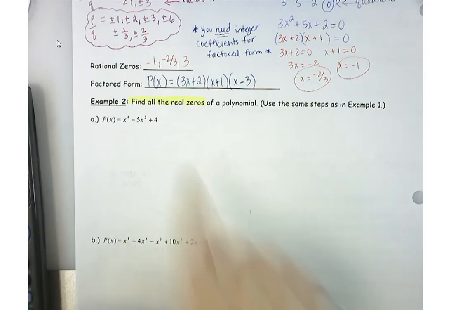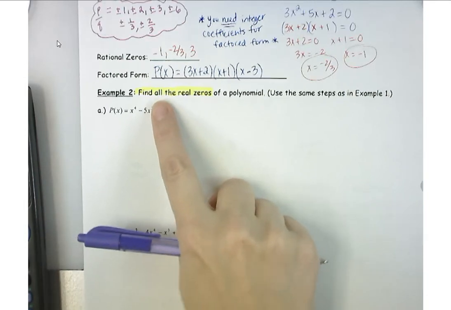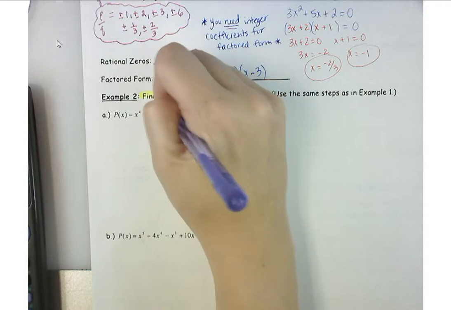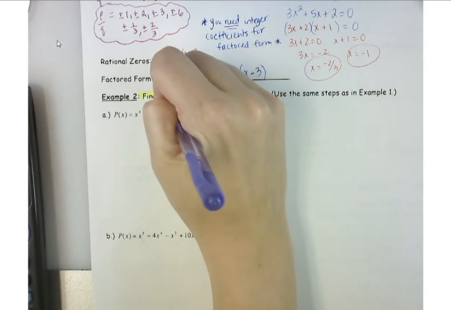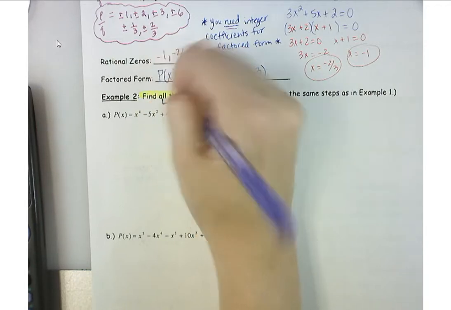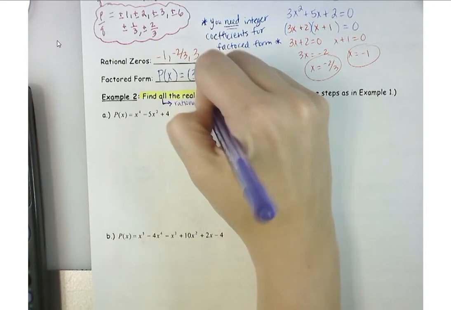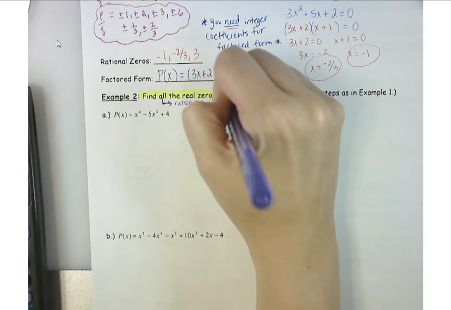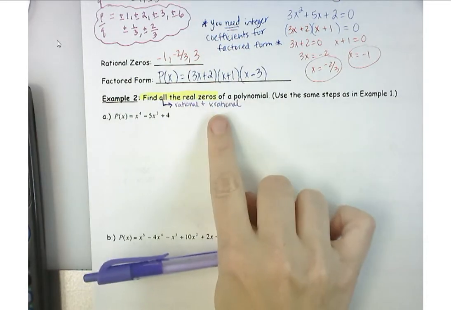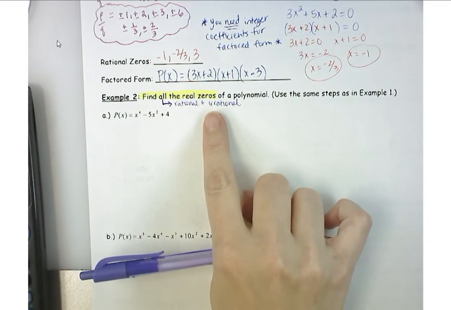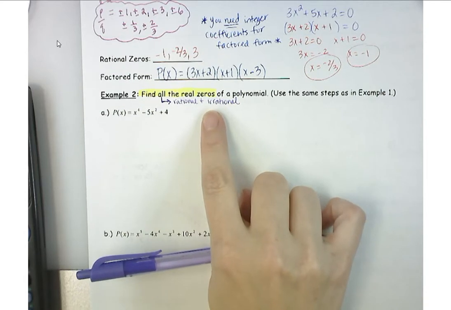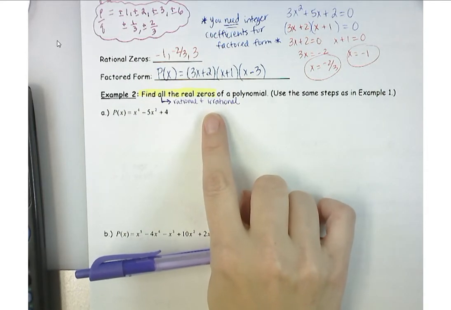Now I want you to notice that when it says find all of the real zeros, all of the real zeros include rational and irrational. And that's important because when you use the rational zeros theorem, you are not going to have the irrational zeros on there.